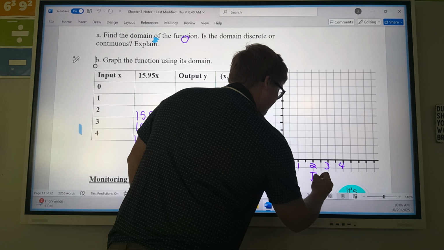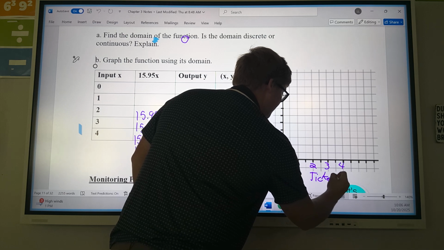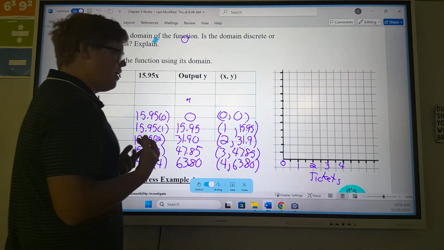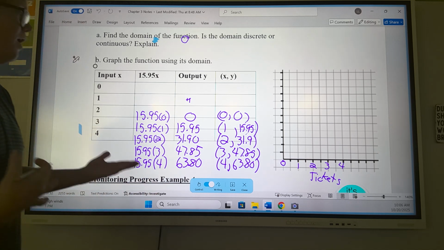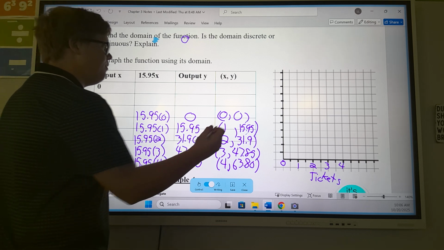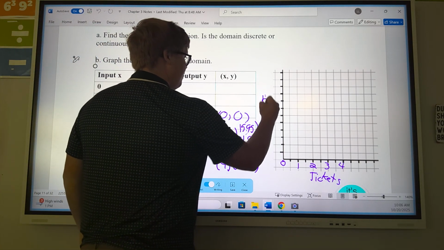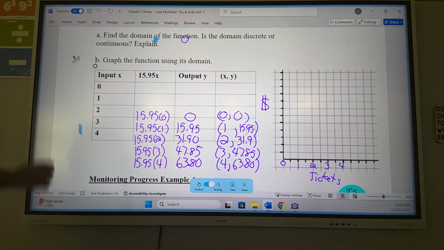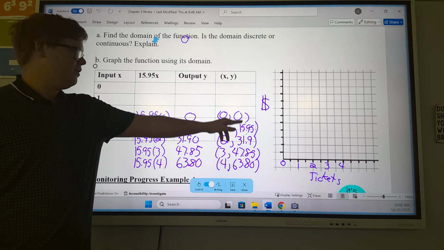We know this is tickets. Make sure you label your axes so that way I can tell what you are trying to say. Your y-axis is your output, and your output is represented by money. Money. Okay. Now, we go from $0 to $63.80.